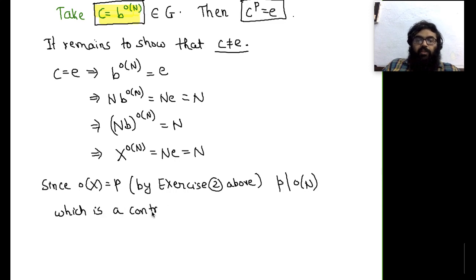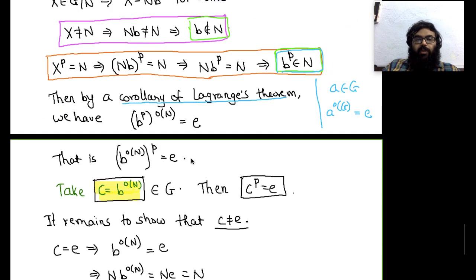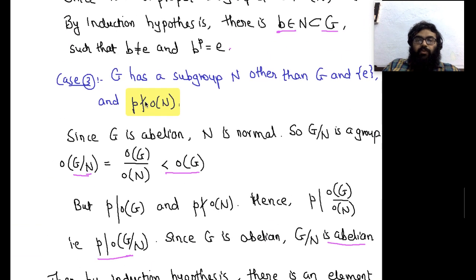Why is this a contradiction? Because in this case we had assumed p does not divide order of n. This was our case.